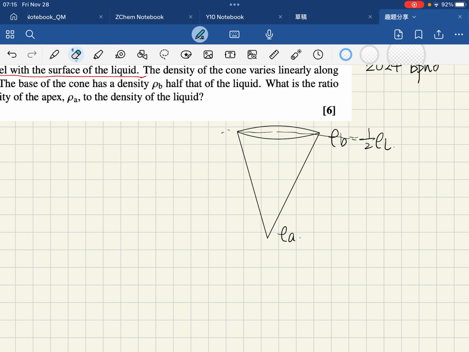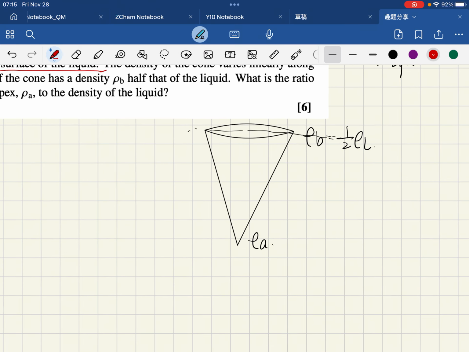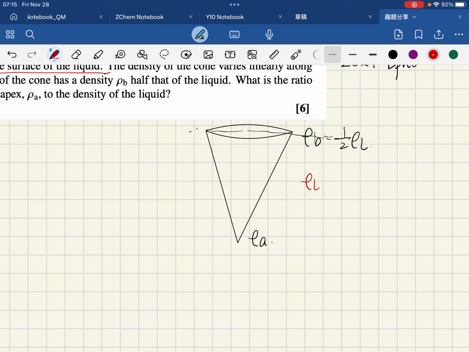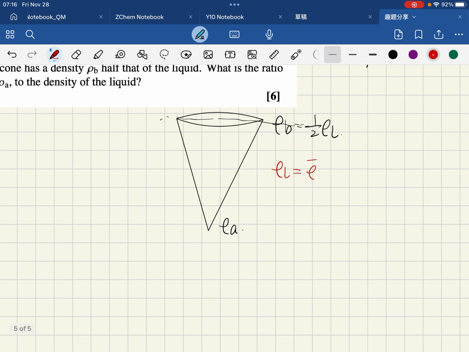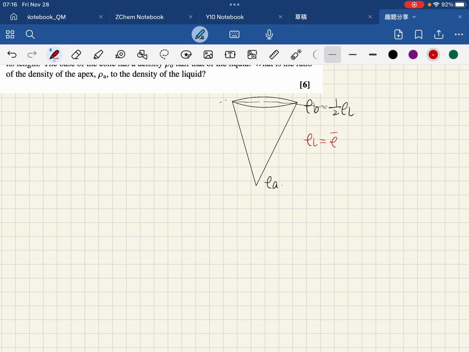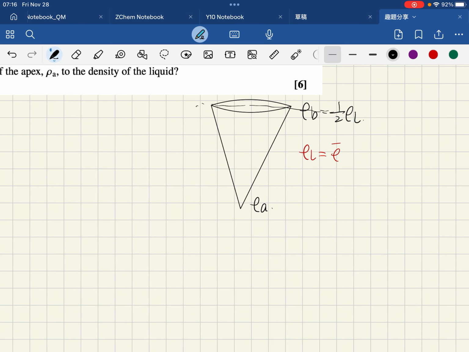From the knowledge of buoyancy, if the object is floating like this, the density of the object should equal the density of the liquid. Let's say the average density, because the density of this object is actually varying. So now we have to calculate this density.